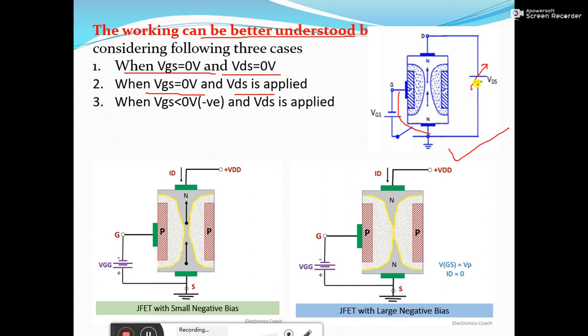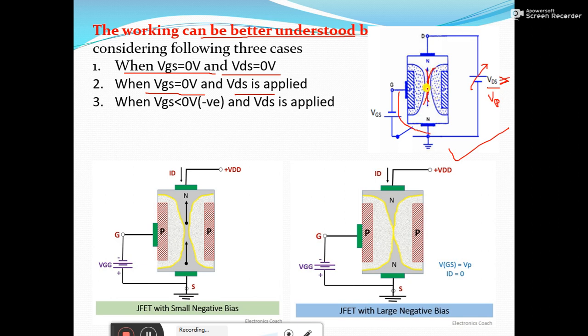As long as the VDS value is less than VP, there will be a narrow passage. Still the electrons can pass through this channel and reach the drain terminal. Whenever the VDS value is greater than or equal to VP, let's say whenever it is equal to VP, this channel will get almost closed.